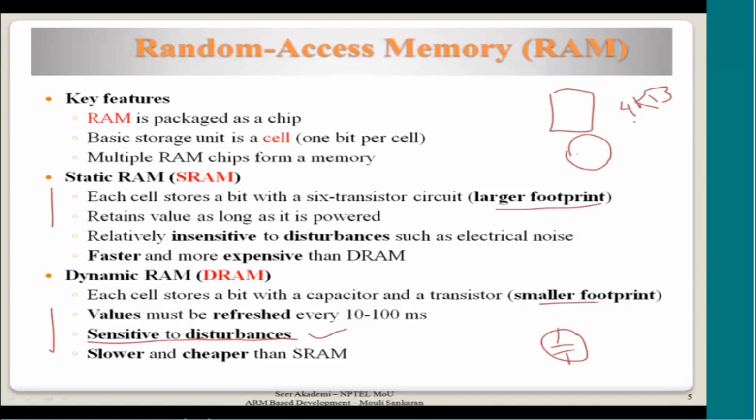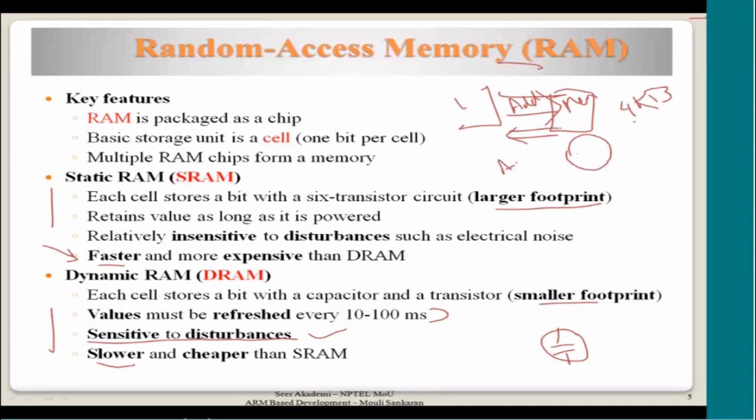But DRAM has a problem that it has to be refreshed frequently, and it is much slower than SRAM. What I mean by slow and fast is in terms of access time. When the processor gives an address to the memory, how long does the memory take to give back the data? That is access time.